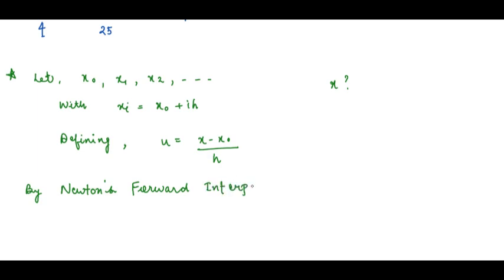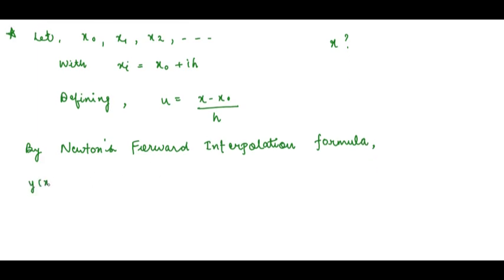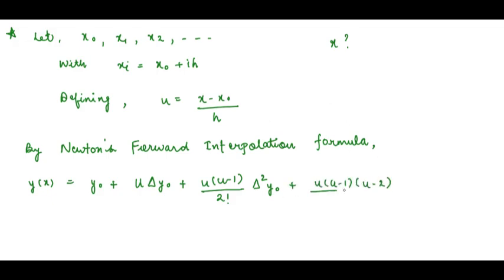And Newton's forward interpolation formula becomes y_x equals y0 plus u times del y0 plus u(u minus 1) divided by 2 factorial del square y0 plus u(u minus 1)(u minus 2) divided by 3 factorial del cube y0 plus so on, where u is (x minus x0) by h.